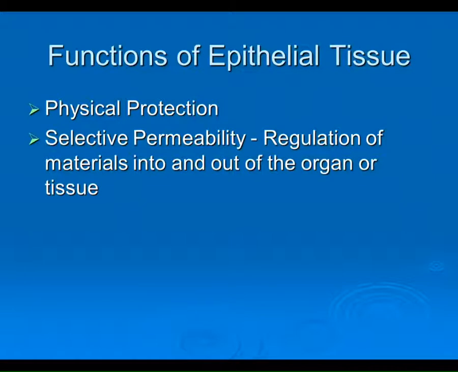They create physical protection, especially if you think of your epidermis, and your epidermis is creating a stratified layer on the outside. But don't forget that epithelial tissues are also creating a barrier. So if you think about your serous membranes, your visceral and parietal layers, or if you think about the lining of your oral cavity or the lining of your nasal passages, yes, they are also separating and also allow for some selective permeability.